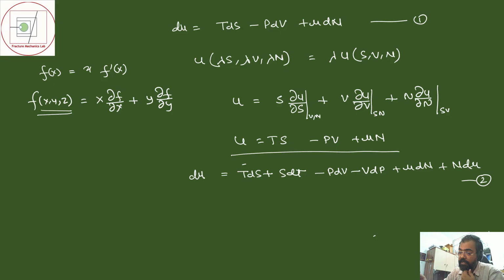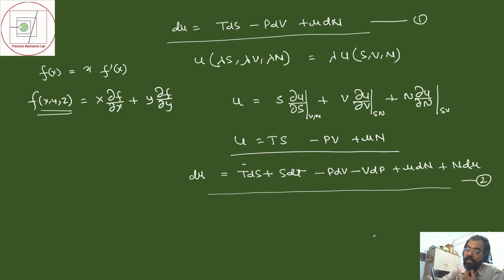So what are the additional terms? Because if this is true, then the additional terms should be 0. TdS is there, PdV is there, and mu dN is there. So what remains is SdT minus VdP plus N d mu, and this should be equal to 0.